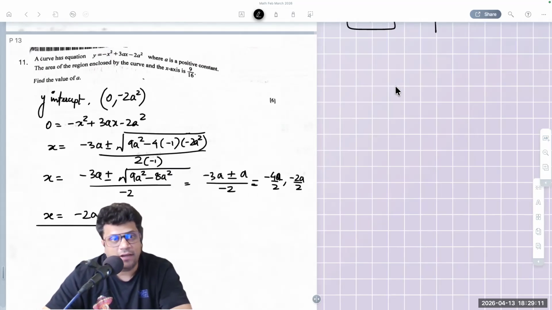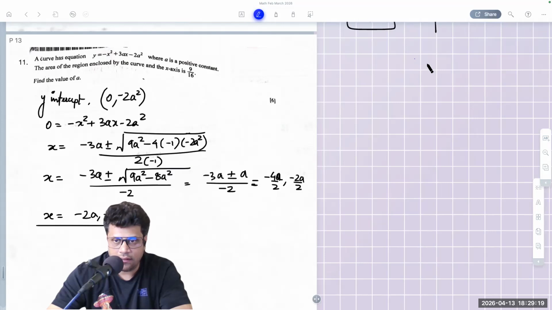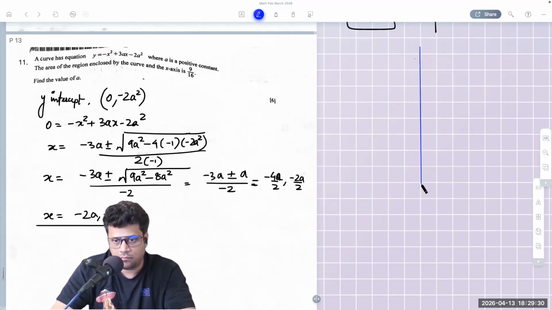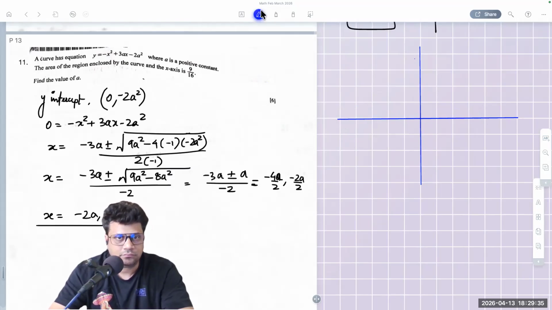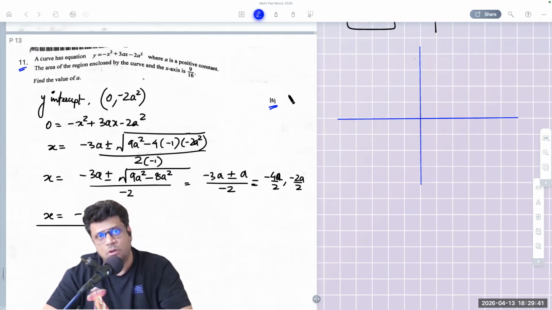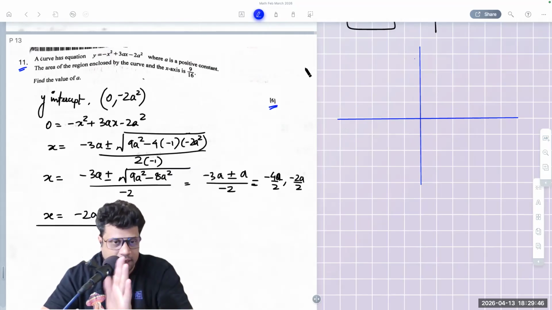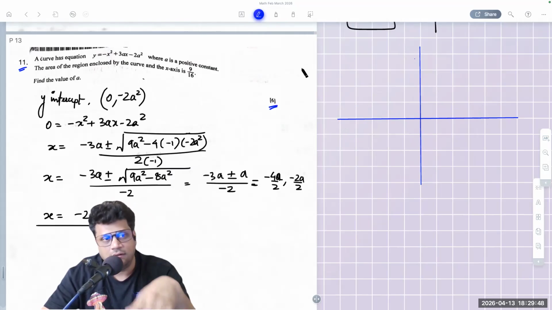Okay, so let's try to figure out the sketch of it. See, this is where it gets difficult. Like I have been telling you, the last questions are supposed to be the ones which differentiate a great score from a good score.